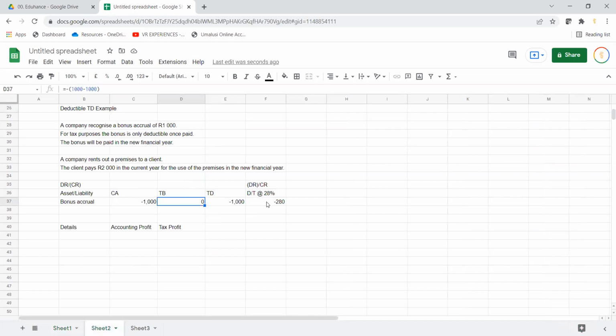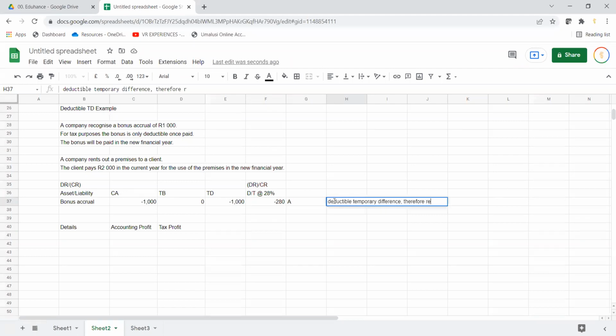Now we need to ask ourselves, what is this? I already know it is an asset because my formula tells me when it's a debit, it is negative. So it is negative, so it's a debit. I know a debit represents an asset to me, and because it's an asset, it will be a deductible temporary difference. But I want to know why it is a deductible temporary difference.